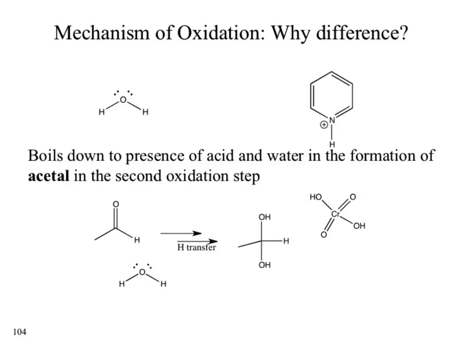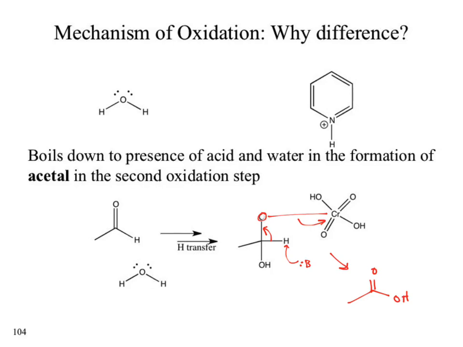If there's still a hydrogen remaining within our structure, what can happen? Our base can come along, remove that hydrogen, reform the carbonyl, and kick out our chromate structure. So the presence of water is what allows for that full oxidation, because the product now is our carboxylic acid.